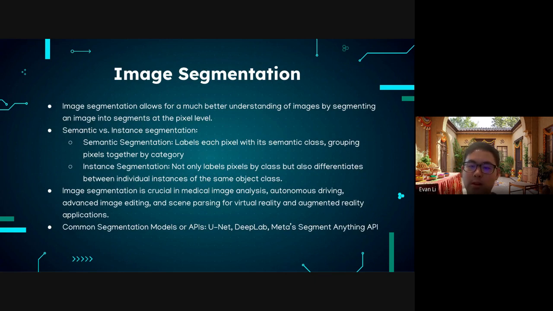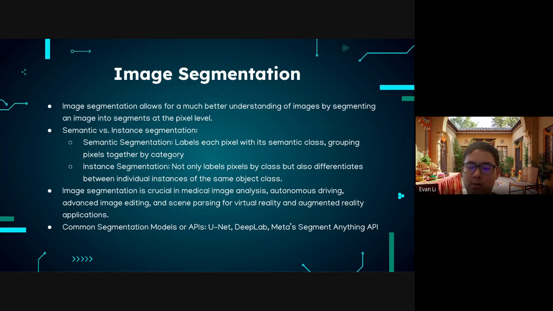For the most detailed and nuanced understanding of image content, we turn to image segmentation. This task represents a significant leap in visual comprehension, aiming to partition an image into semantically meaningful regions or segments at the most granular level, the pixel level.